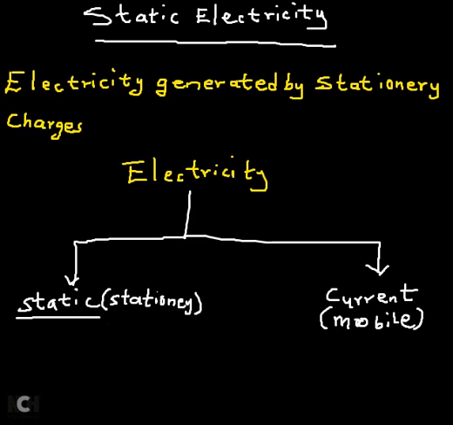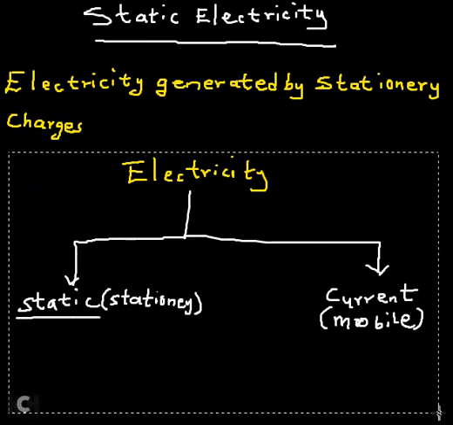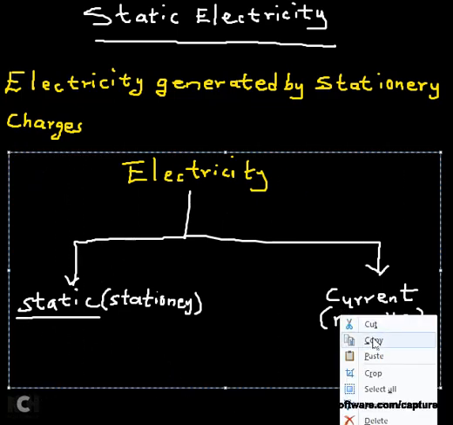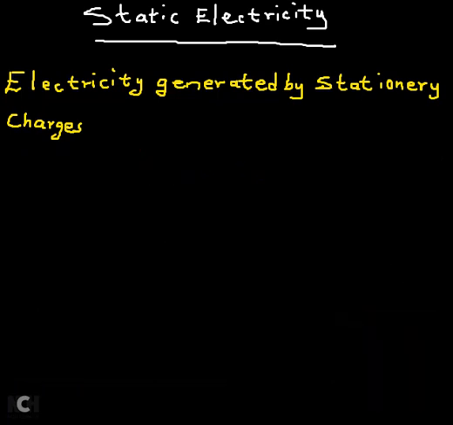So we are starting with static electricity, after which we are going to talk about current electricity. As I already defined, static electricity is the type of electricity that is generated by a stationary charge. Now the question is, how are these stationary charges produced?